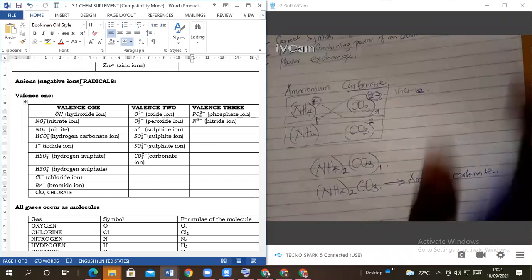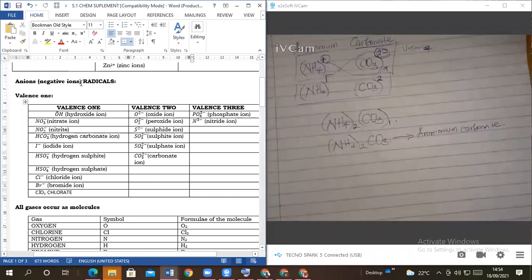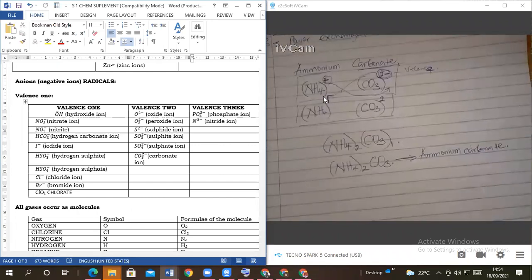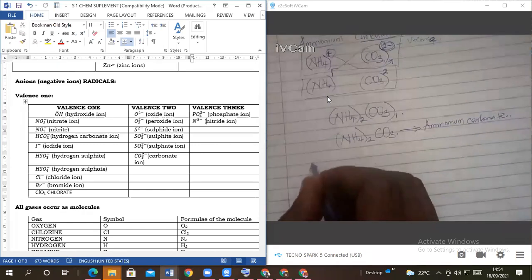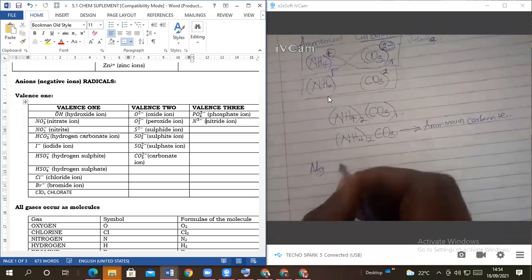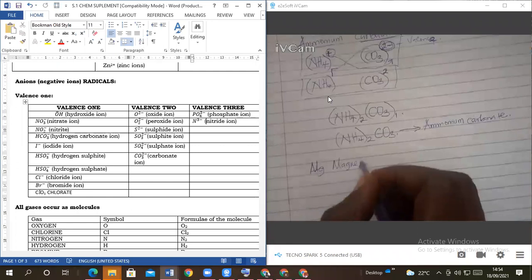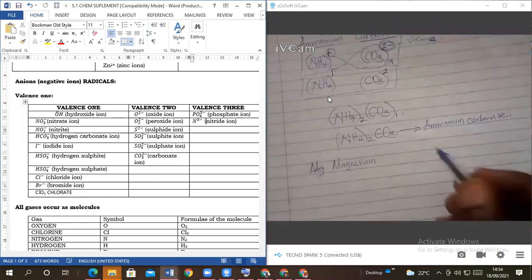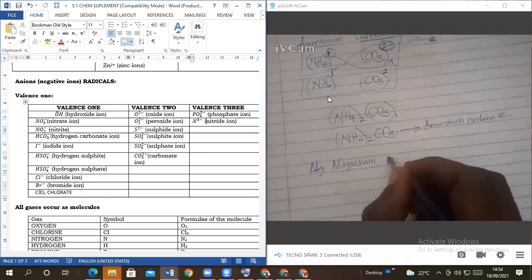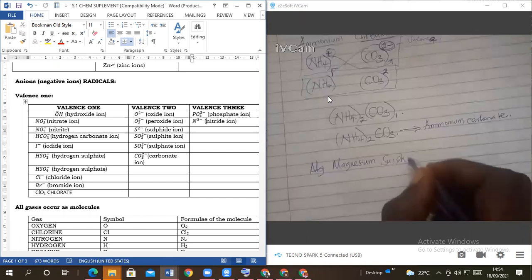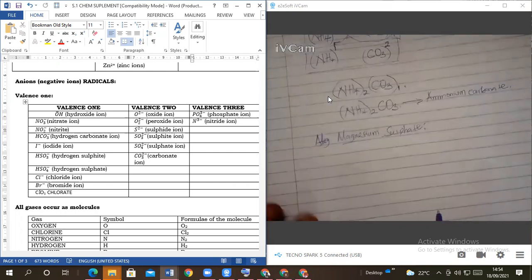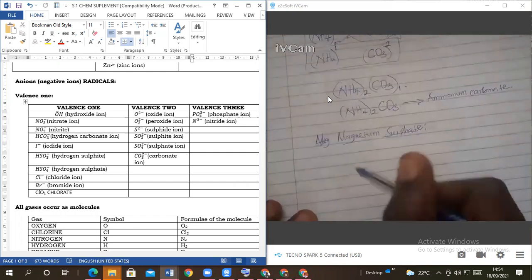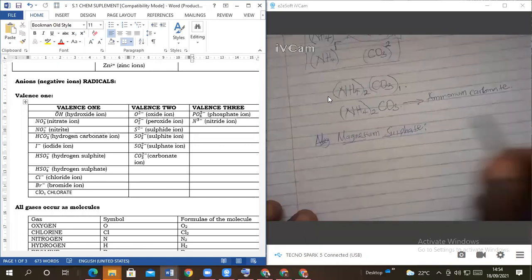Now let me take you through an example that requires you to reduce the powers. If they tell you to write magnesium sulfate, what are the elements or radicals present?